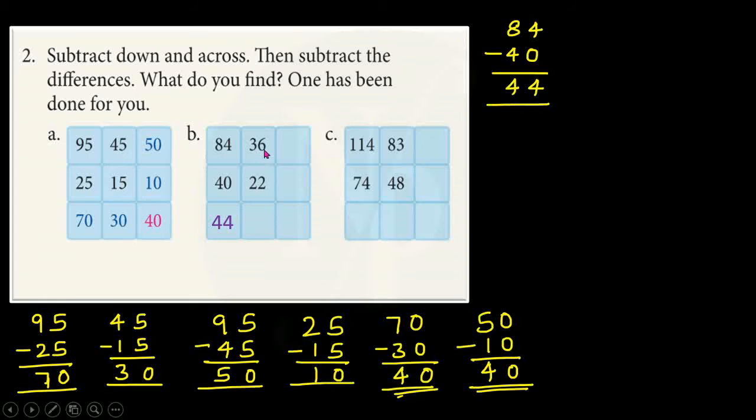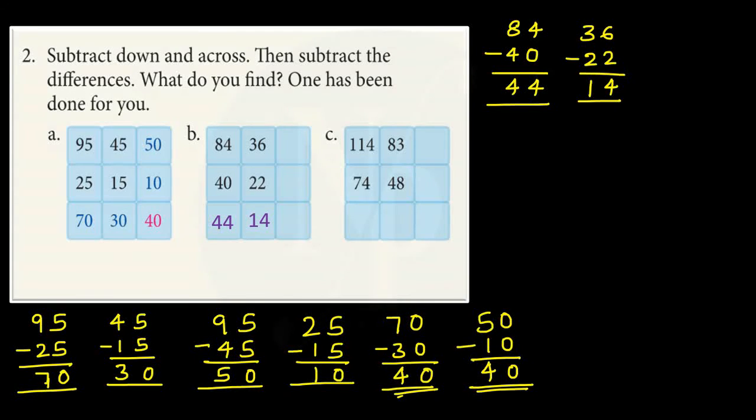Now we should find 36 minus 22. 6 minus 2 is 4. 3 minus 2 is 1. 14. So this box should be filled by writing 14.